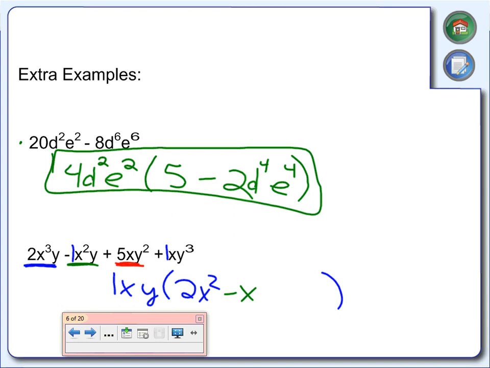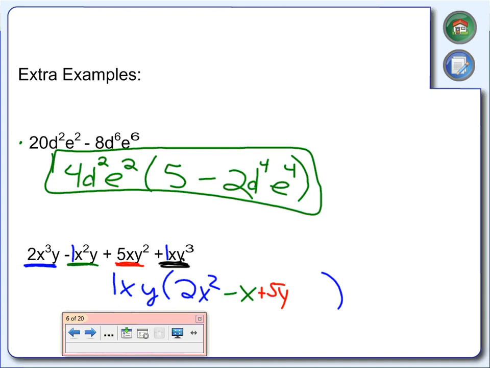Now I want to get that 5xy squared. So what am I going to need in the parentheses? 5. What do I need next to that 5? A y. And y times y will give me the y squared. All right, we're down to the last term. I need a 1xy to the 3rd, and right now I have a 1xy.